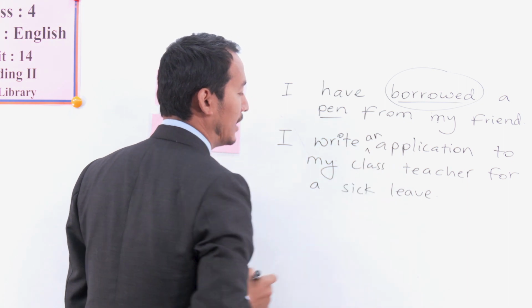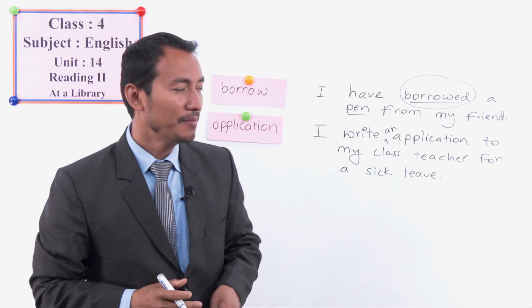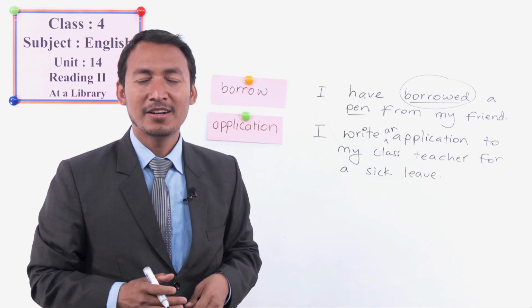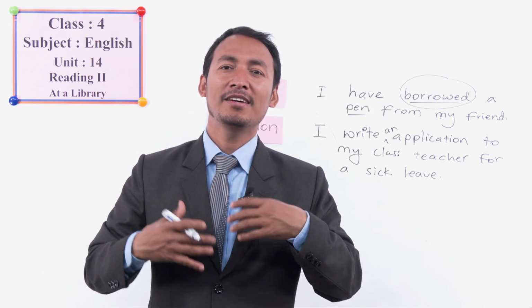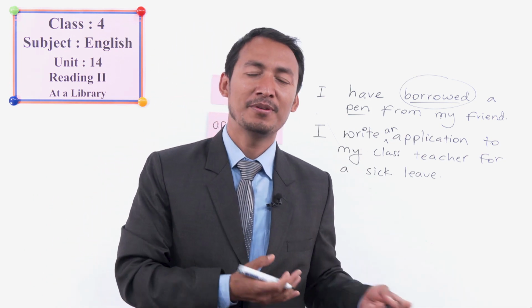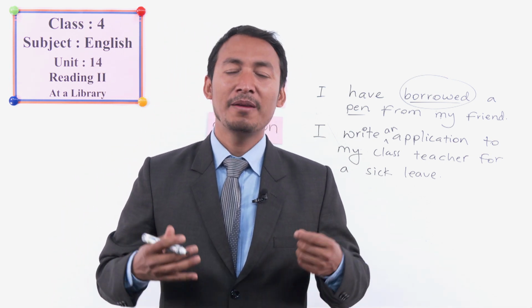A letter or application to your class teacher asking for a sick leave. That is a request in written form. On paper you write for letting you do something. That is an application.